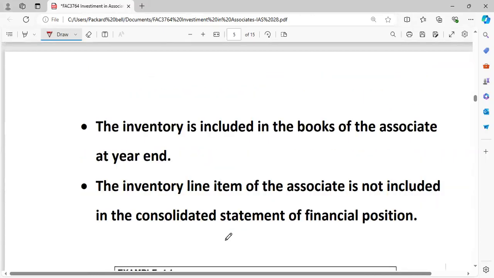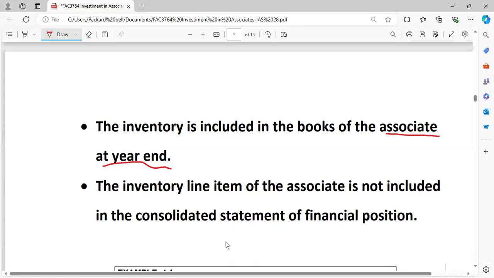But the inventory is included in the books of the associate at year end. We don't consolidate the inventories, but that inventory that is still being held by the associate stays in their books. And the inventory line item of the associate is not included in the consolidated statement of financial position.